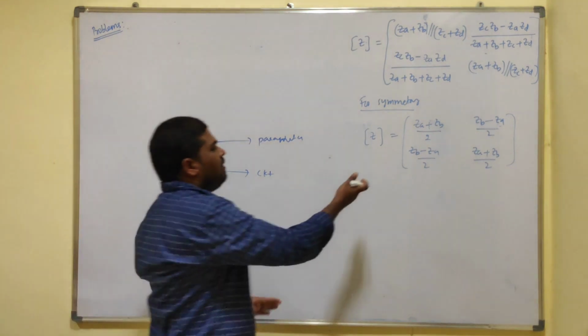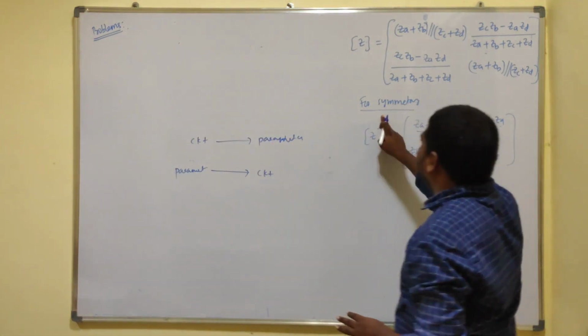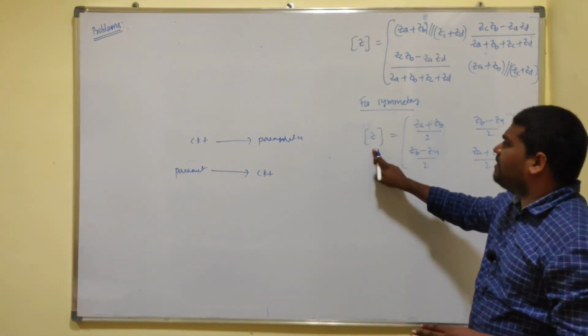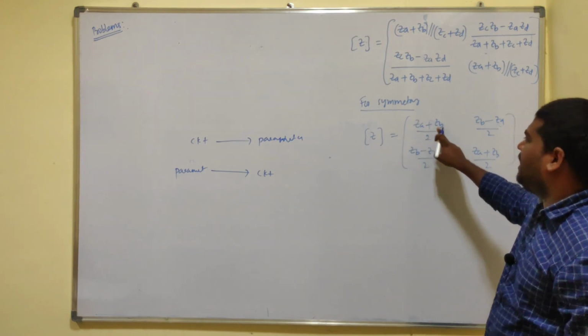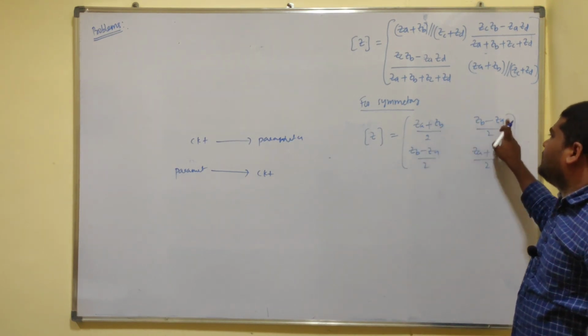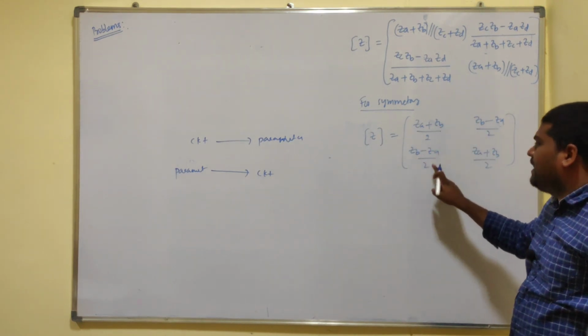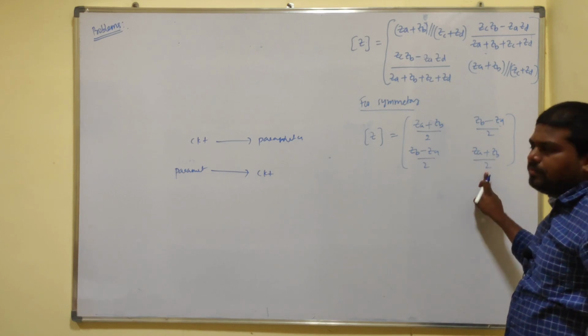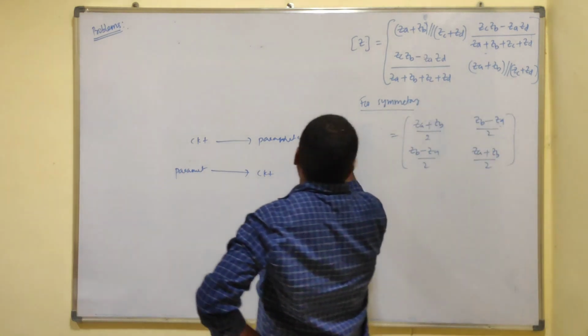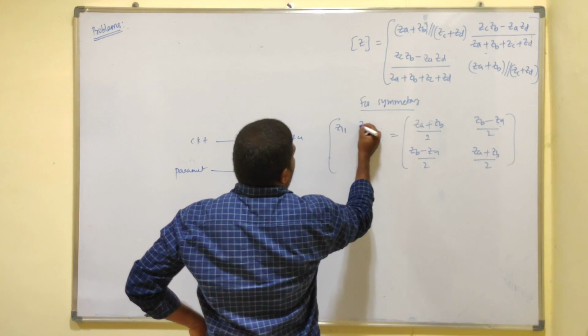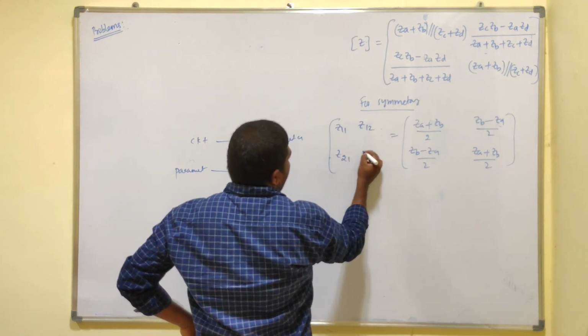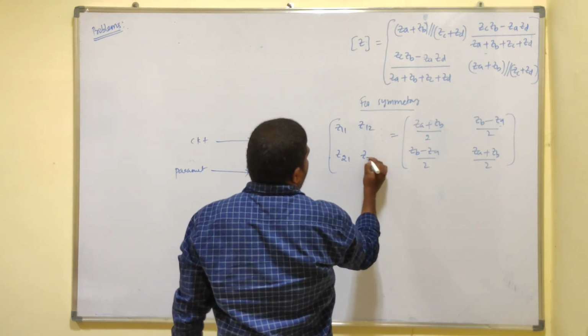For example, in the previous class, for the symmetry condition, we have the z parameters for the lattice structure: (Za plus Zb) by 2, (Zb minus Za) by 2, (Zb minus Za) by 2, and (Za plus Zb) by 2. So these are the z parameters Z11, Z12, Z21 and Z22, right?